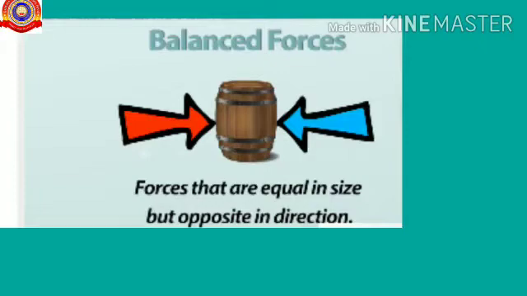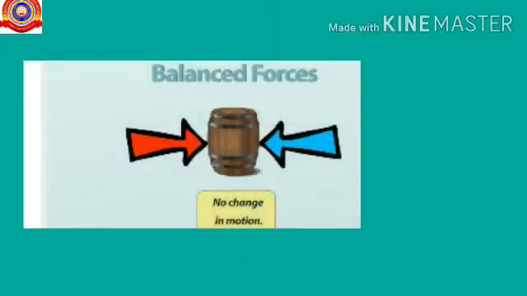That means if we apply force on an object from two opposite directions, it can't change the motion. The motion does not change when balanced force is applied. It neither moves a body at rest nor stops a body in motion.